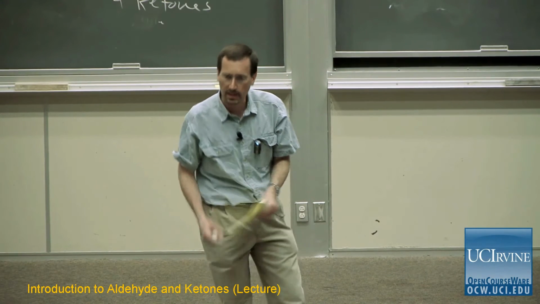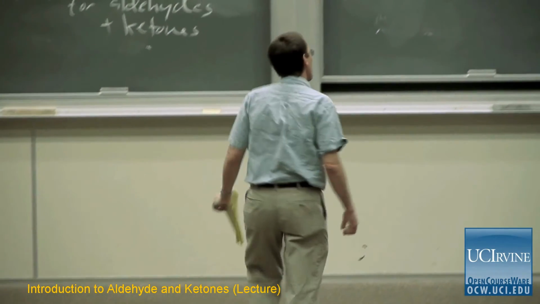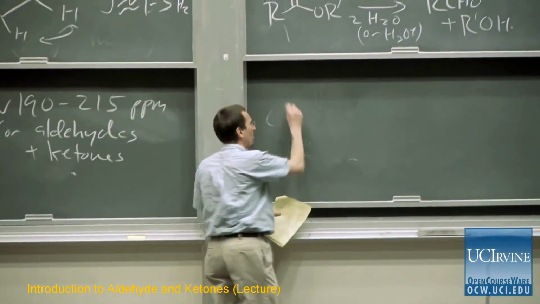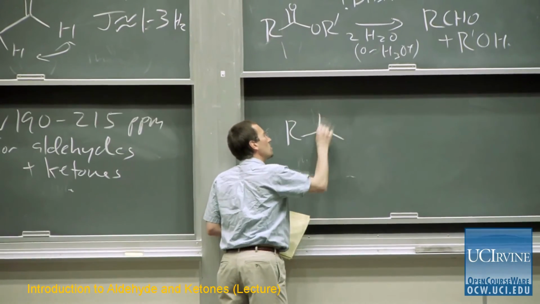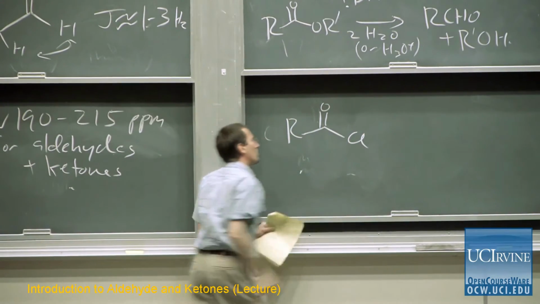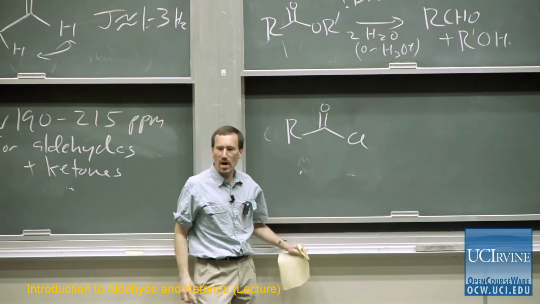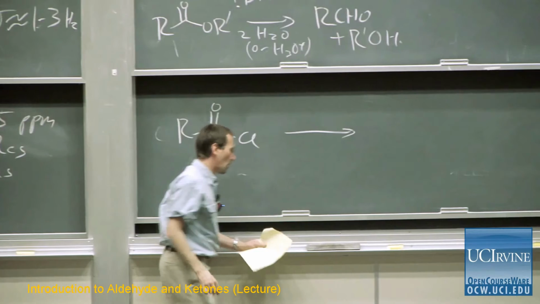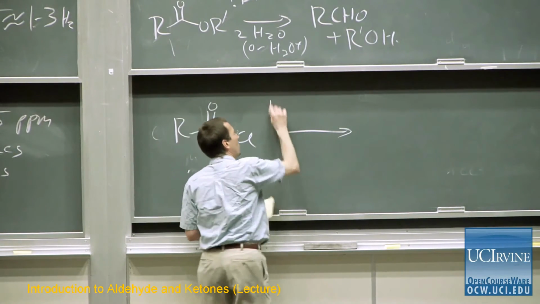They react directly with alcohols because the chlorine is electron withdrawing and they're very electrophilic. You can selectively reduce the acid chloride down to an aldehyde with a very attenuated form of lithium aluminum hydride.